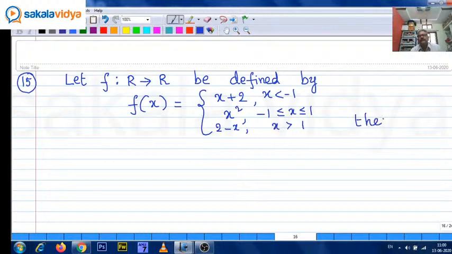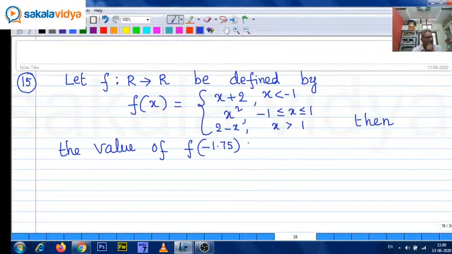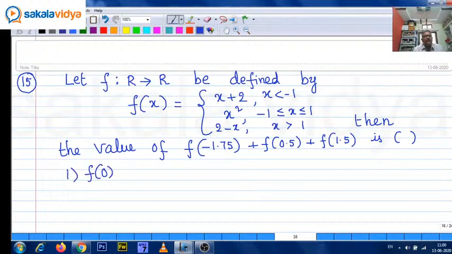Then the value of f of minus 1.75 plus f of 0.5 plus f of 1.5 is: first option f of 0, second option f of 2, third option f of 1, fourth option f of 3. So this is the question.